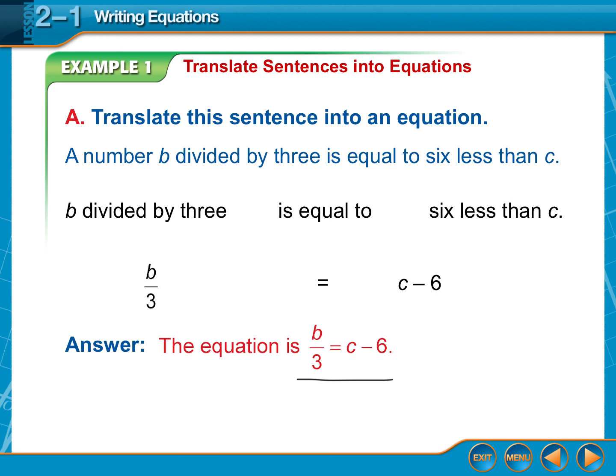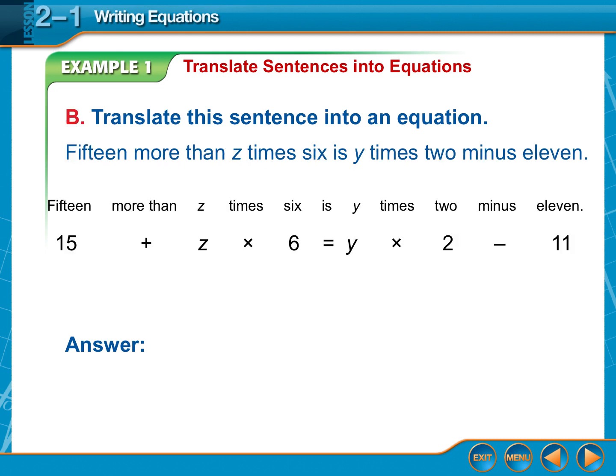All right, same thing with this one. 15 more than z times 6 is y times 2 minus 11. What does more than mean? Addition, yep, plus. What's times mean? Multiply. What does is mean? Equals, yep, that's a big word. Y times 2, so just right next to each other.